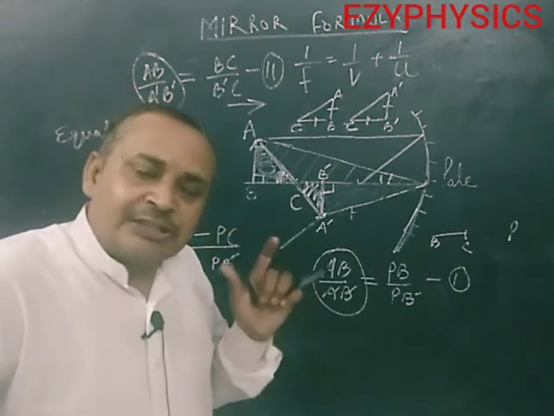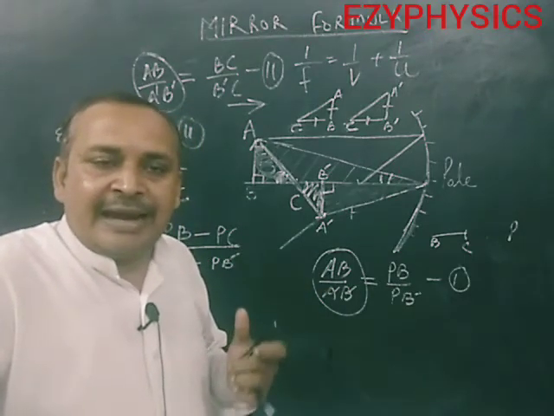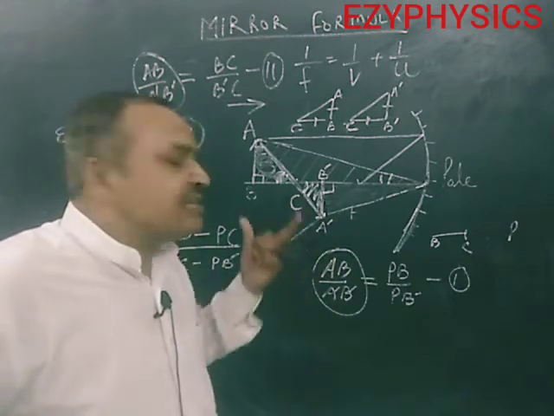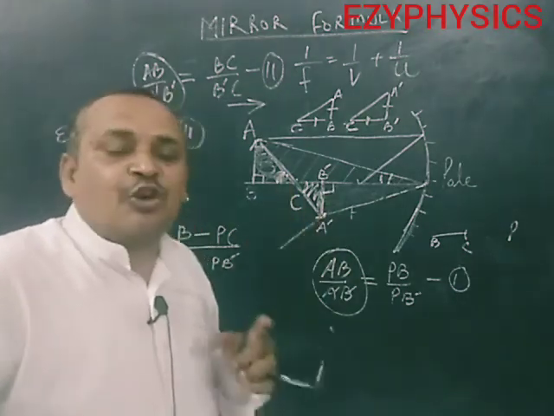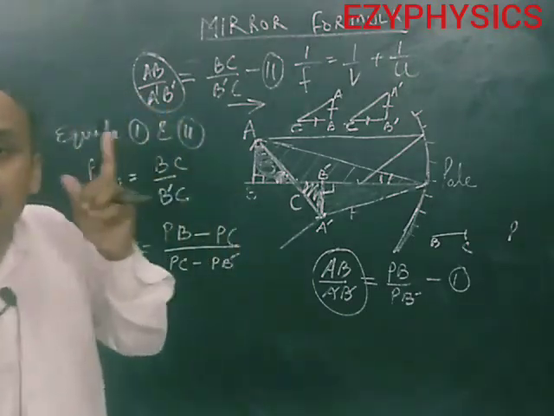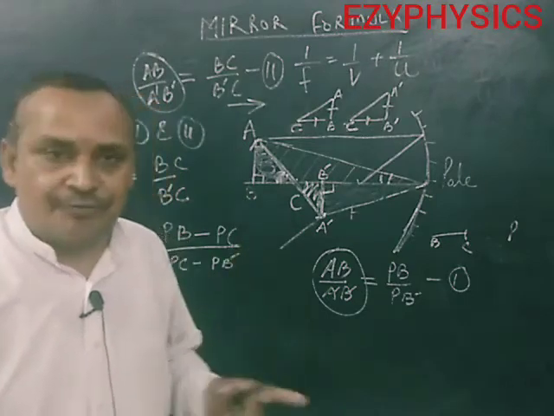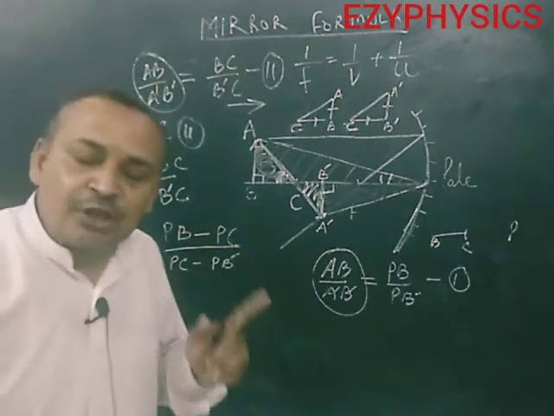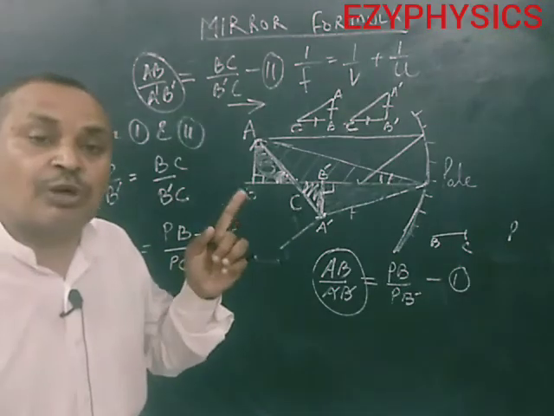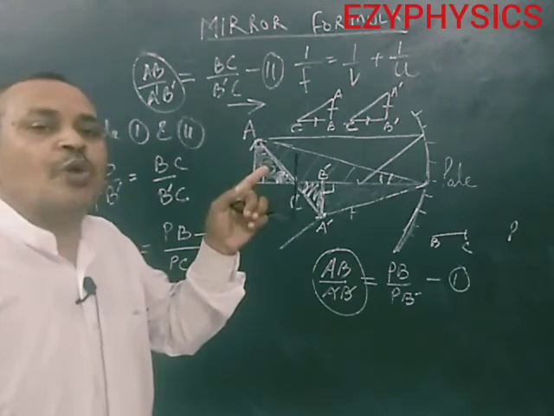It is the focal length, that means the focus. And PC is the radius of curvature. As I told you in the concept earlier, radius of curvature is 2f. I have written f is equal to r by 2, so r is 2f.